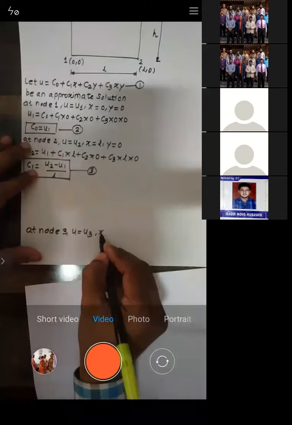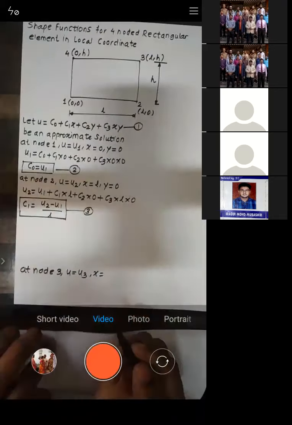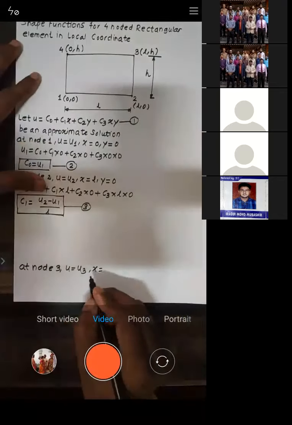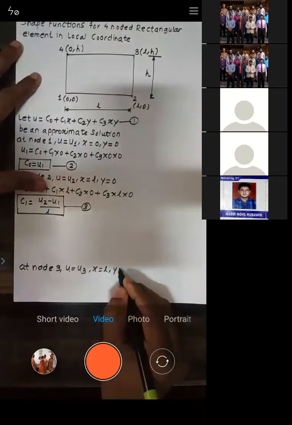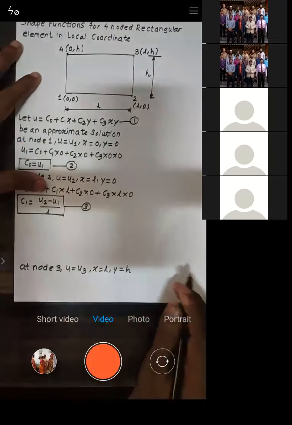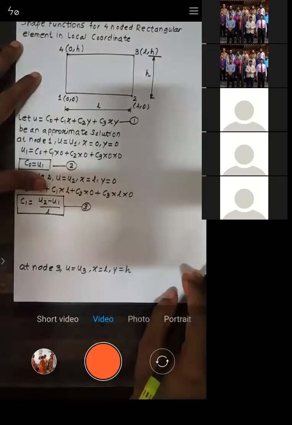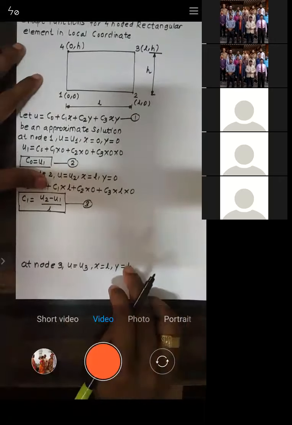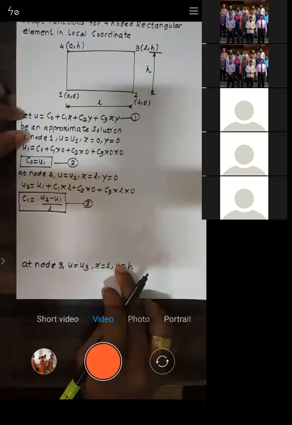What is the value of X at node 3? It's L. What is the value of Y at node 3? It's H. X is L, Y is H. So let's put these values here in equation number 1.